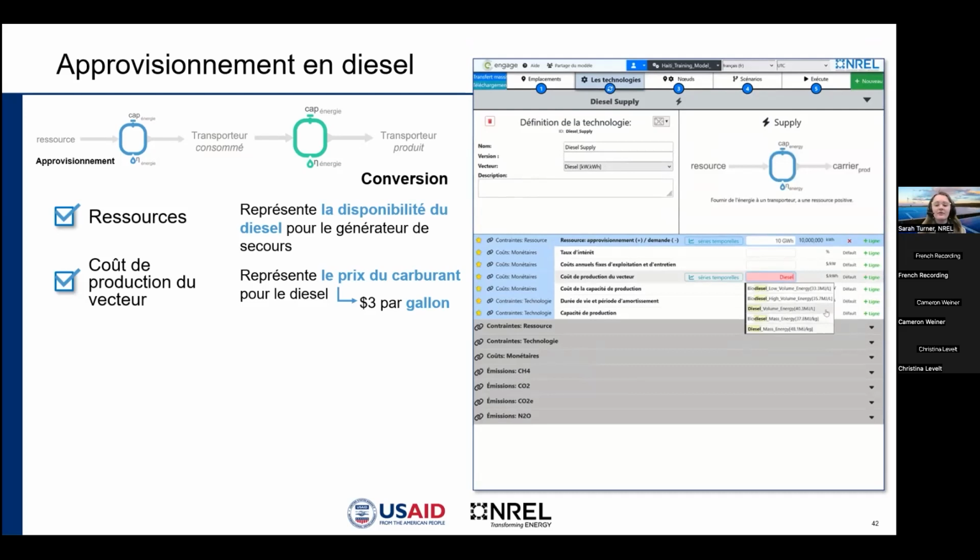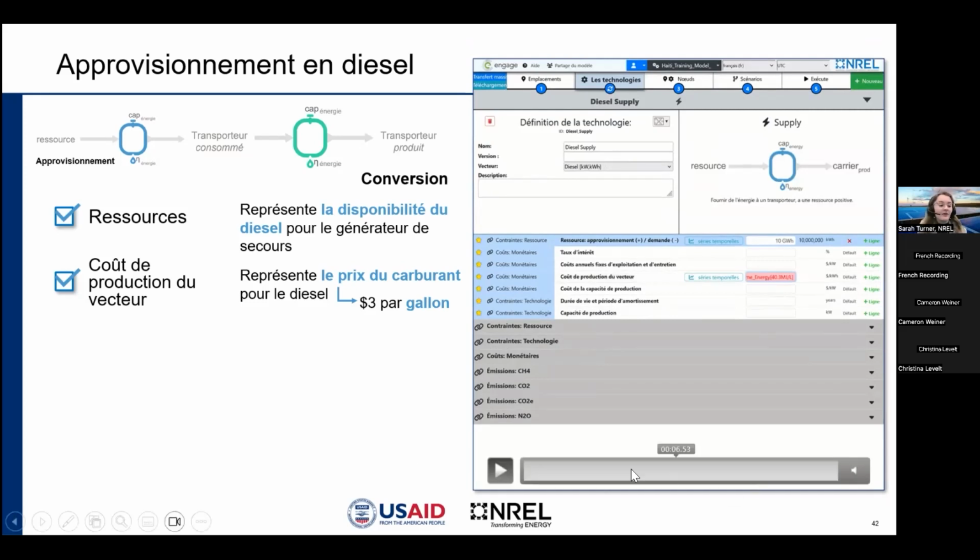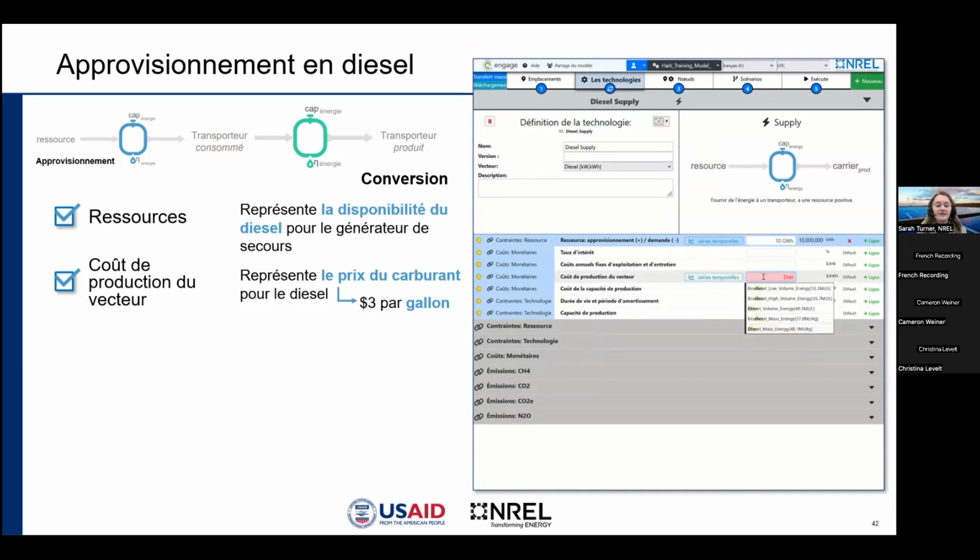This is where the unit conversion features in Engage become really handy for us, as it can do the calculation for us. If you look at the video, and I'll play it back for you again, if you start typing diesel into the carrier production cost parameter, Engage automatically pulls up the energy density of diesel in either volume or mass. Since we'll be using gallons as our unit of reference, we will select volume.